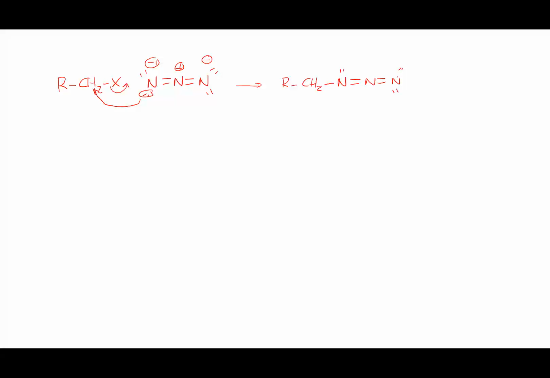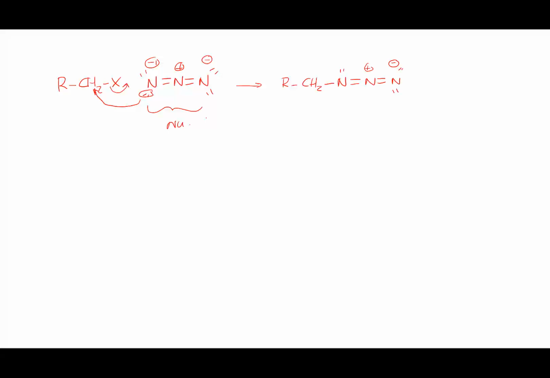If we're figuring out our formal charges here, this nitrogen has five electrons, 0 formal charge. The middle nitrogen is still +1, and the end nitrogen is still -1, but overall now it's got a 0 formal charge. So this is going to be simply another nucleophile.